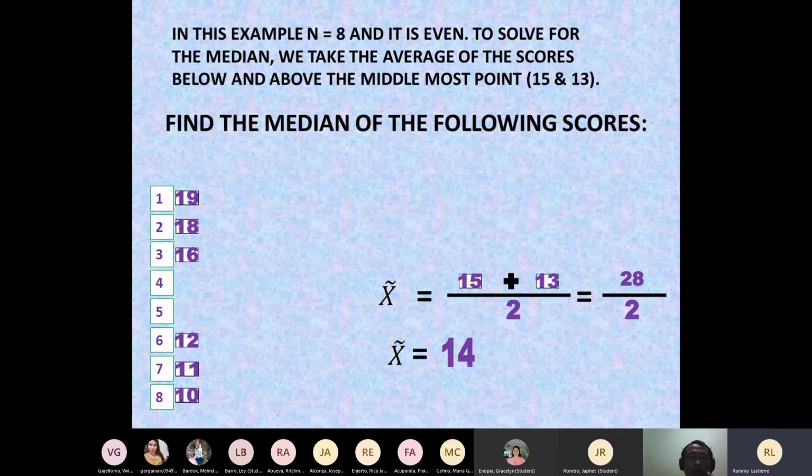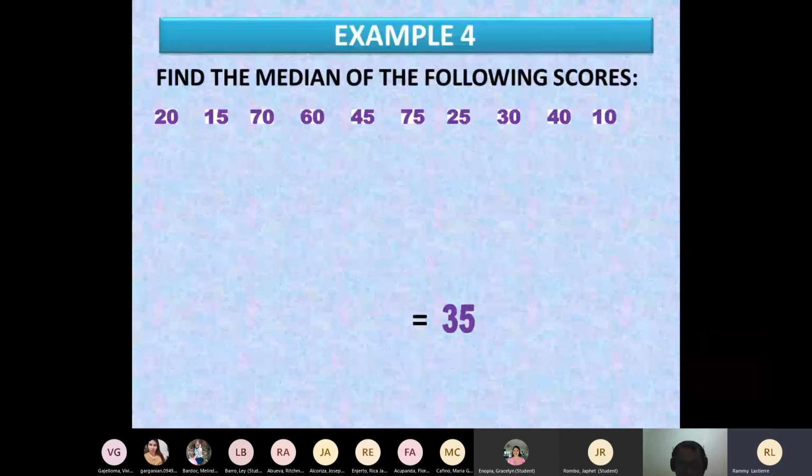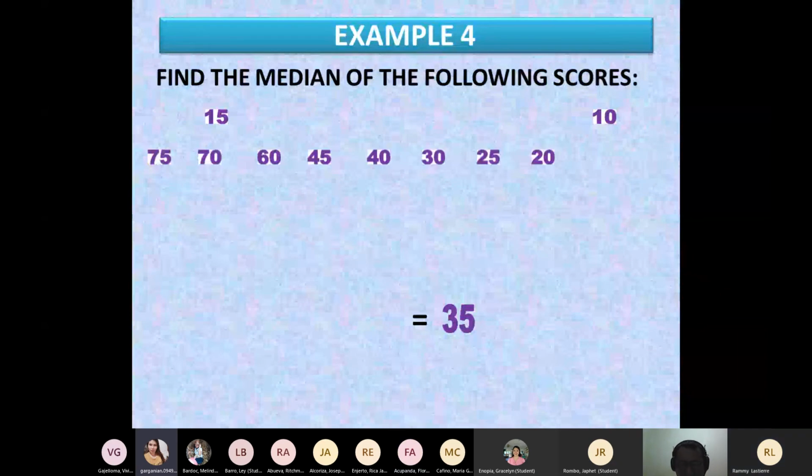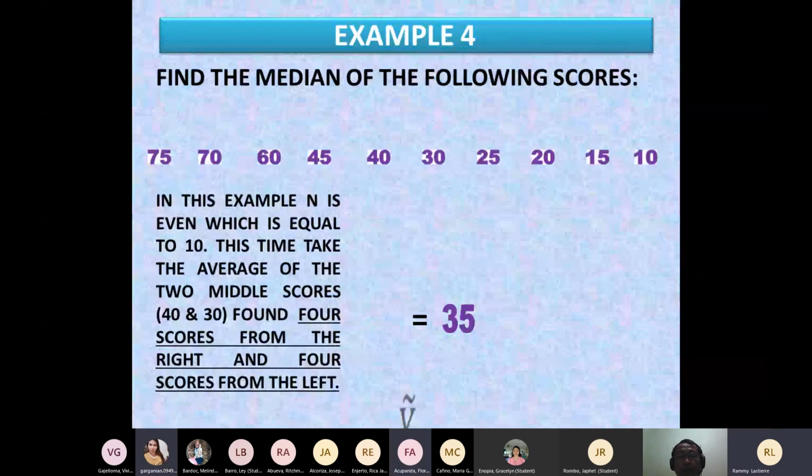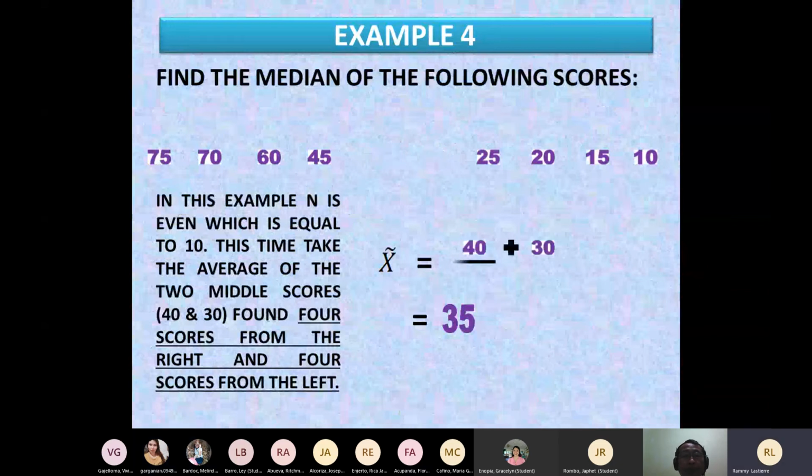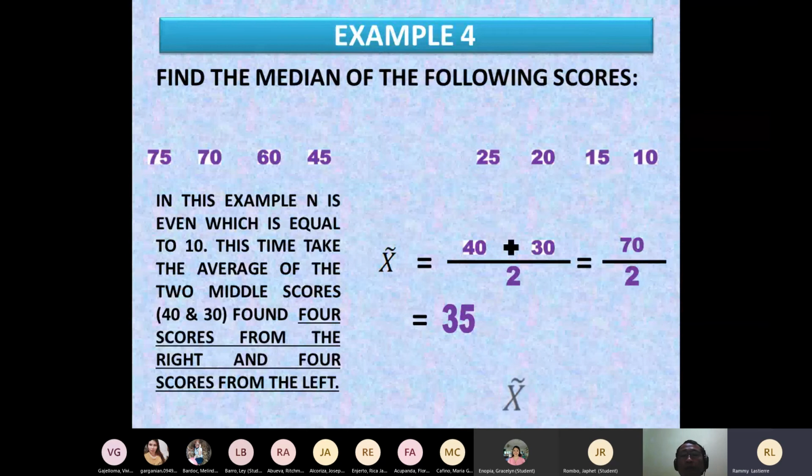Okay, so that is for ungrouped data. For the even data, the same as ungrouped: there are two middle items, so add and divide by 2. 35.